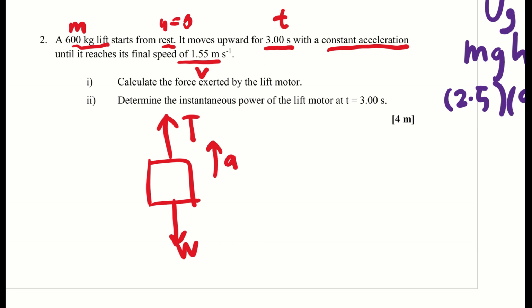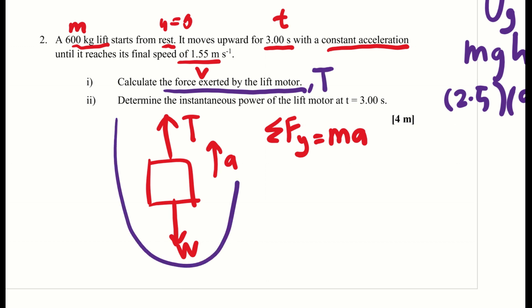Remember chapter 4, when we use this kind of equation, we are using summation of Fy equals ma. The question asks us to find the force exerted by the lift motor, so we need to find the tension.